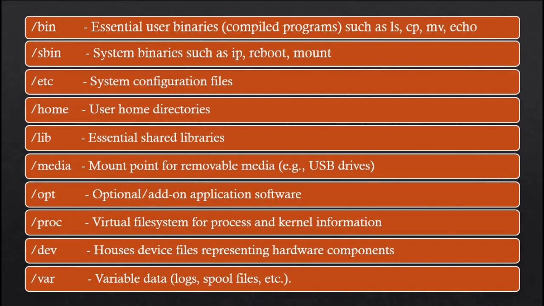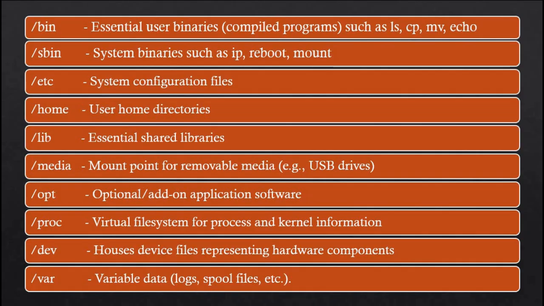/lib, this would be our shared libraries. To continue our comparison with Windows, you can think of it like Windows DLLs, dynamic link libraries. /media, USB drives and removable storage would get attached here. /opt, opt stands for optional, so optional software like third-party apps would be here.